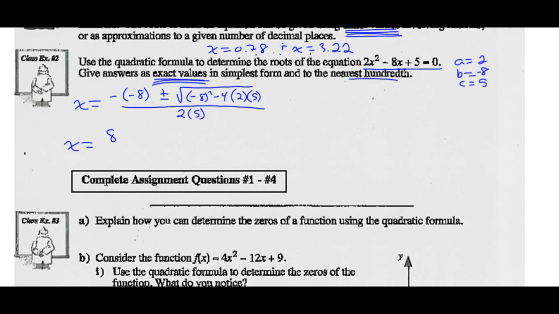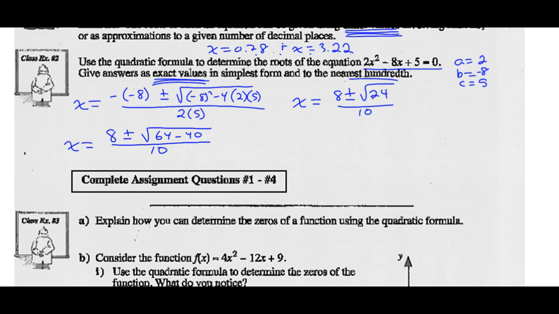Minus negative 8 is like saying positive 8, plus or minus the square root of negative 8 squared, which is 64. Negative 4 times 2 times 5 is negative 40. All over 2 times 5, which is 10. So the roots: x equals 8 plus or minus the square root of 24 all over 10.